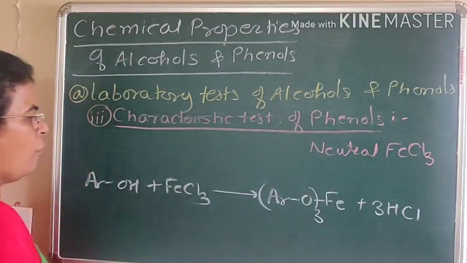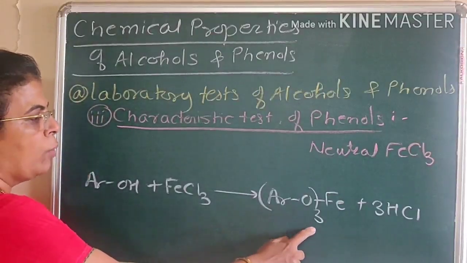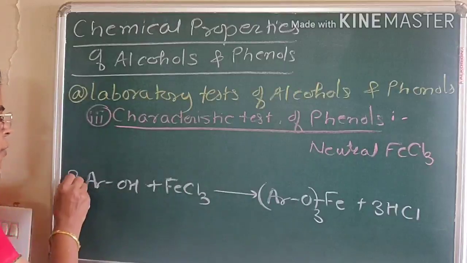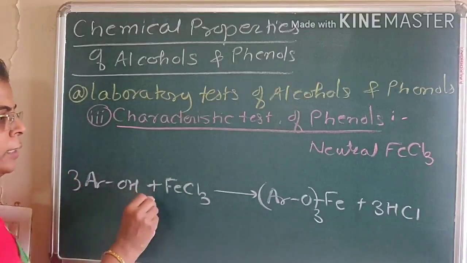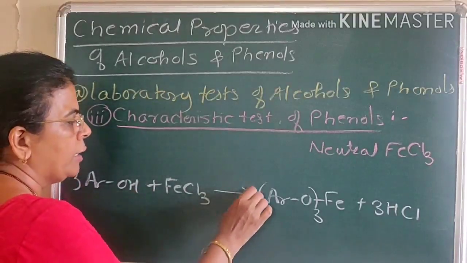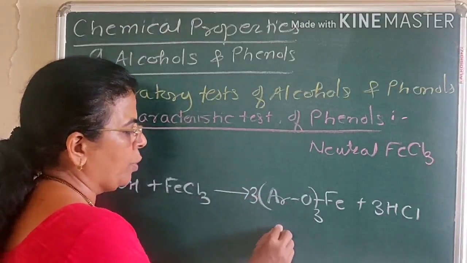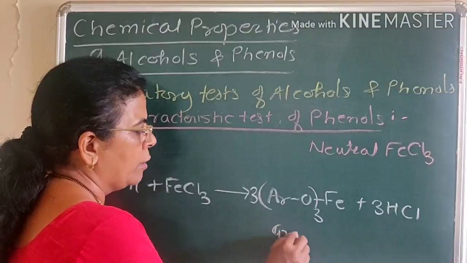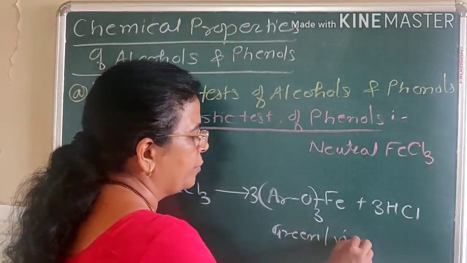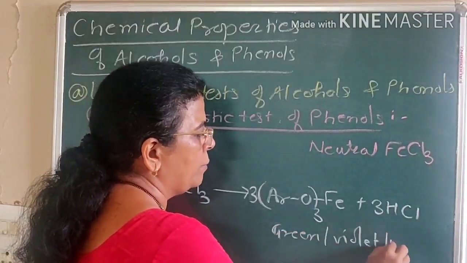Now we have to balance this reaction. Here 3 HCl are formed and ArO is 3 times, therefore we have to write 3 here, and here also we have to write 3. Now the color of this solution is green, violet or purple.